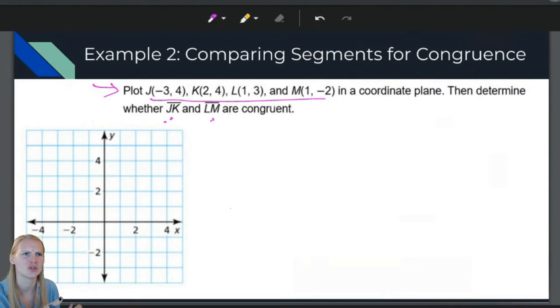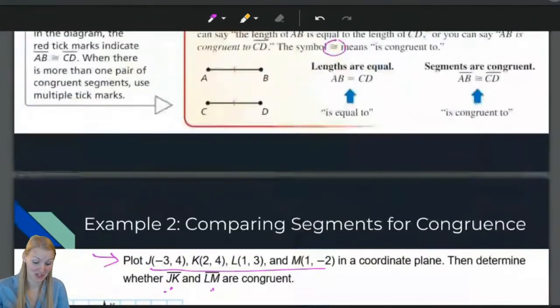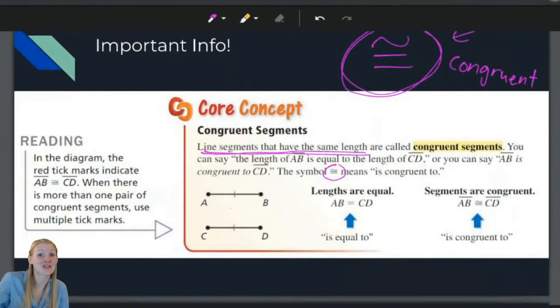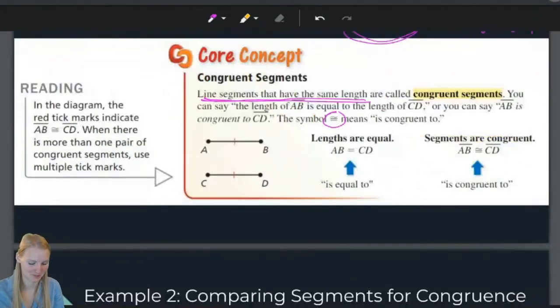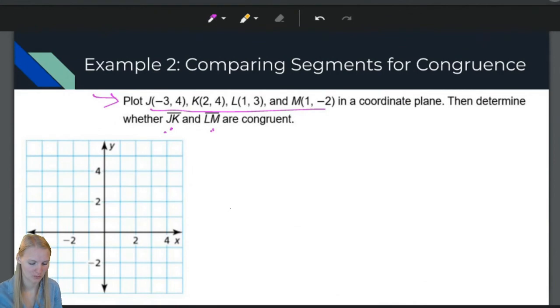How do I know if two segments are congruent? That's right. If they have the same length, they're congruent. Okay, so I need to plot these and then I need to check, are they the same length? If they are the same length, they are congruent. If they're not the same length, they're not congruent.